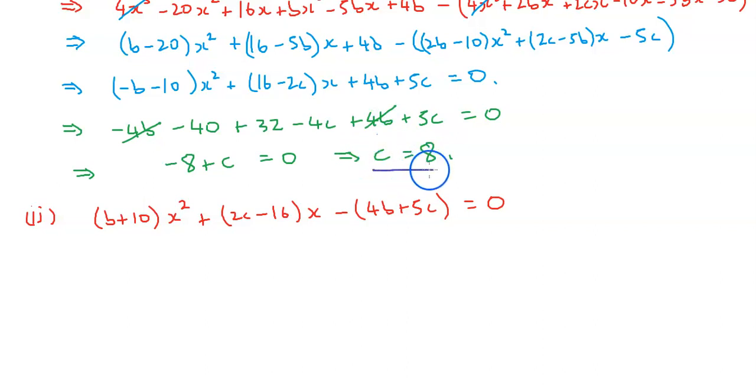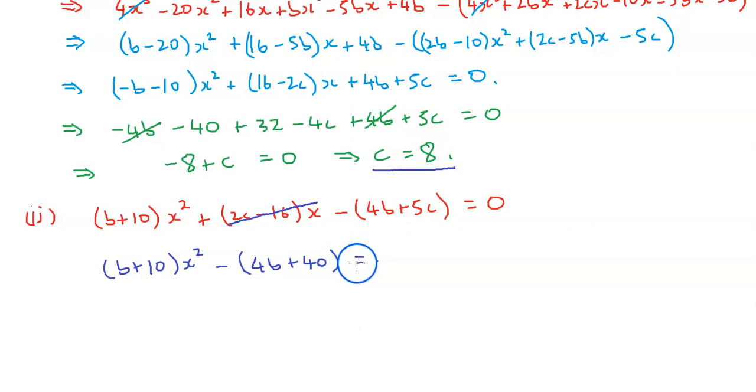We already found that c equals 8, and so this, well, 2 times 8 is 16, minus 16 is 0, so we don't even need to worry about the middle part. So it's just (b plus 10) x squared, and then minus (4b plus 40) equals 0. And then we just get that x squared is equal to (4b plus 40) divided by (b plus 10).